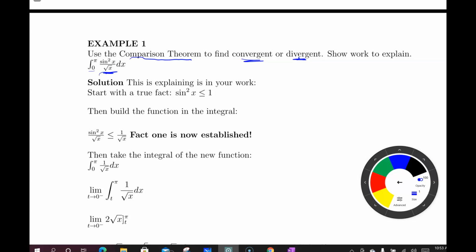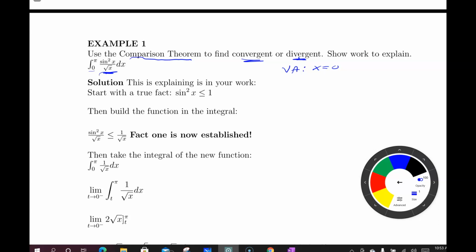I see it. The vertical asymptote occurs at x equals 0. In order to use the comparison theorem, I need to build an inequality. This takes you back to good old squeeze theorem days, only we're not squeezing anything, we're just having one inequality.